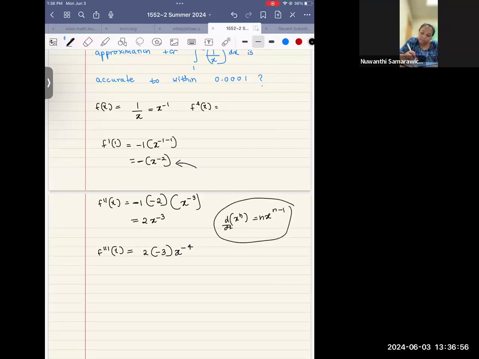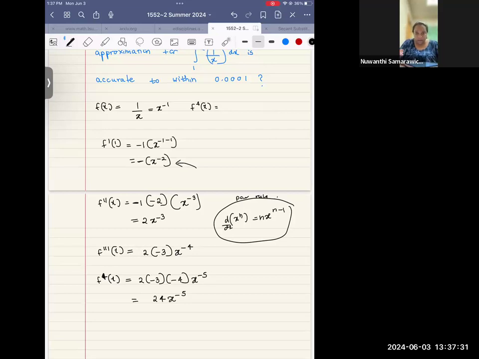Then the fourth derivative, because we need to find the fourth derivative: 2, -3, -3, x to the power -5. It is -24. Sorry, positive, because negative multiplied by negative is positive. So it is 24 x to the power -5.